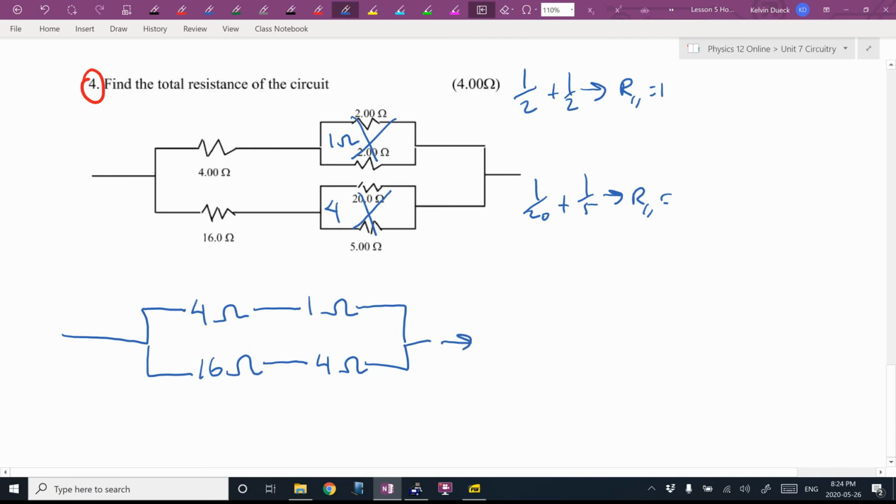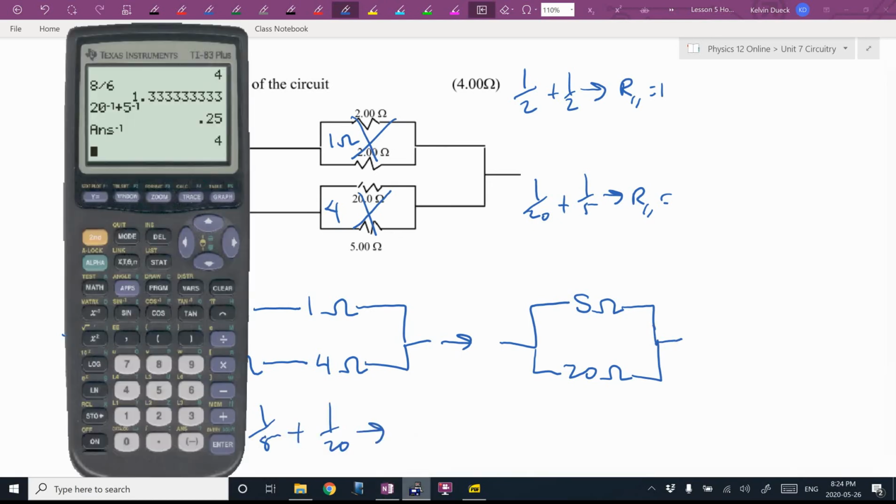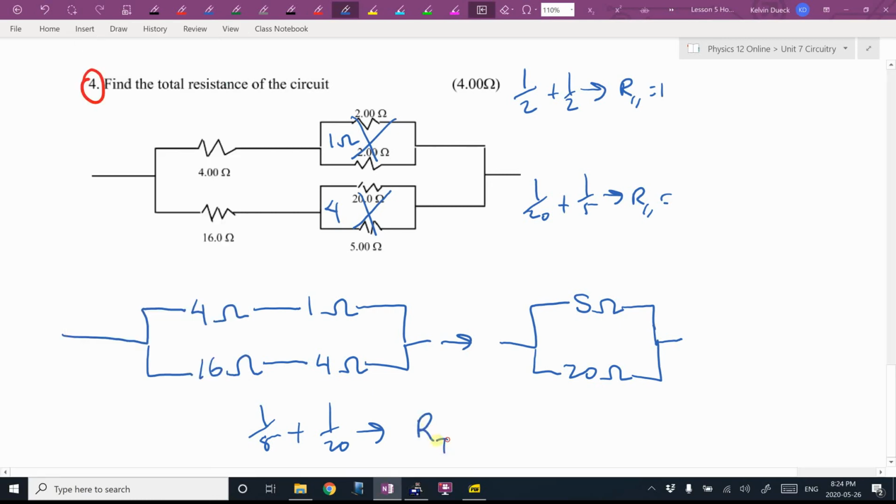Well, that's the same as a 5 ohm and a 20 ohm. So 1 over 5 plus 1 over 20. Our total equals 4 ohms. That's the mathematical equivalent.